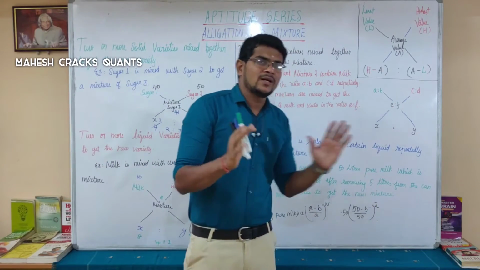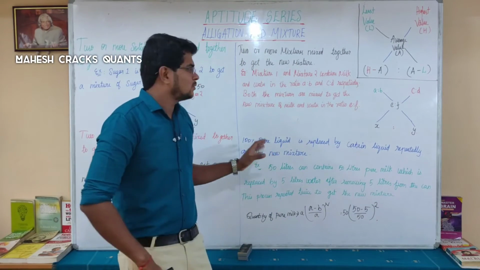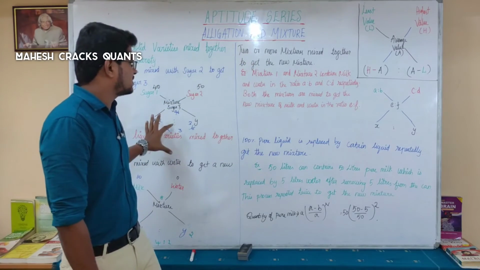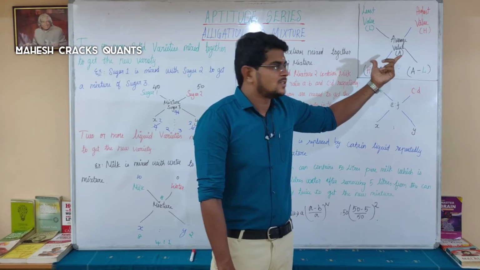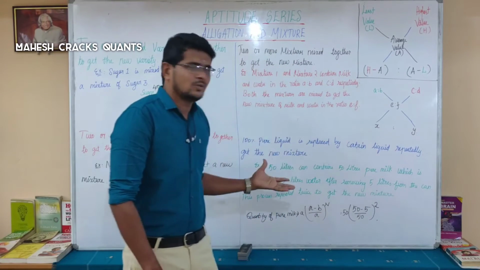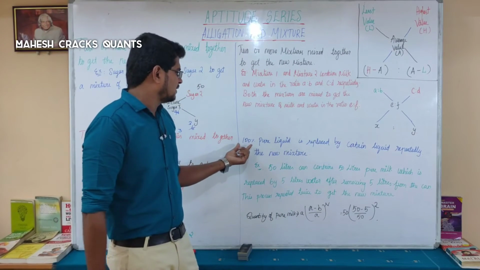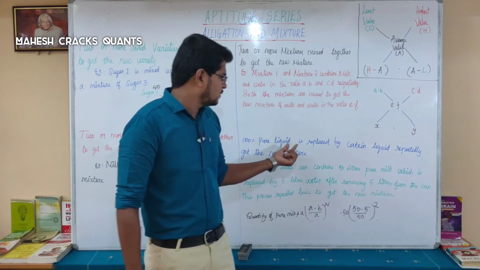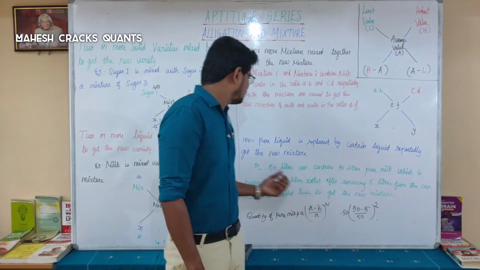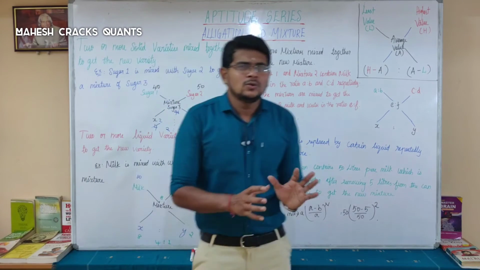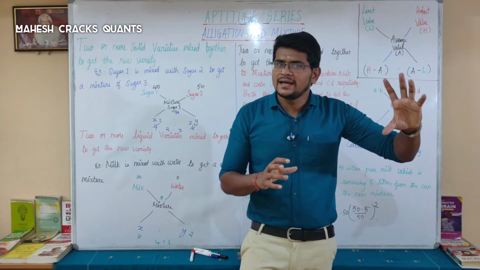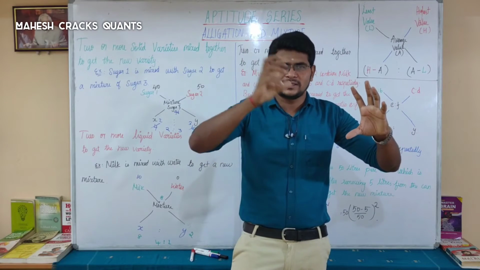Next, one last thing is there. We have mentioned 3 types here, and these 3 types use this formula. Then the 4th one is different: 100% pure liquid is replaced by a certain liquid repeatedly to get the new mixture. So pure milk is there in a can. I am mixing some water.